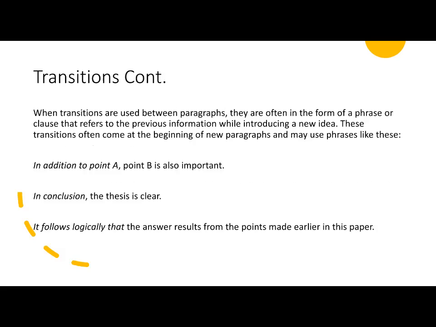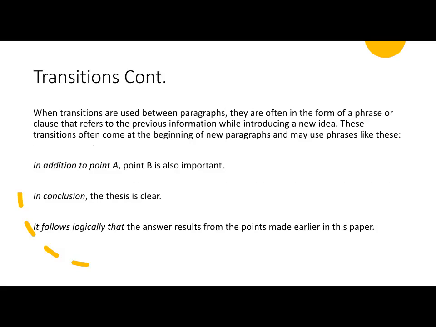When transitions are used between paragraphs, they're often in the form of a phrase or a clause that refers to the previous information while introducing a new idea. These transitions often come at the beginning of new paragraphs and may use phrases like these: In addition to point A, point B is also important. In conclusion, the thesis is clear.